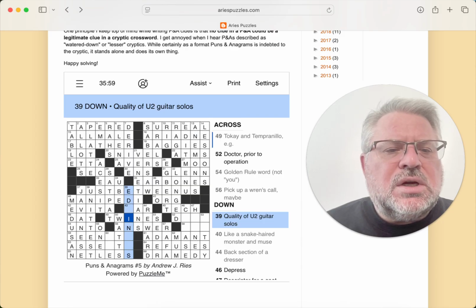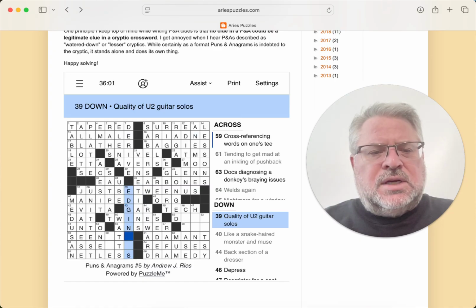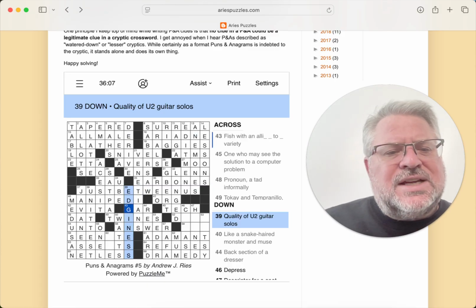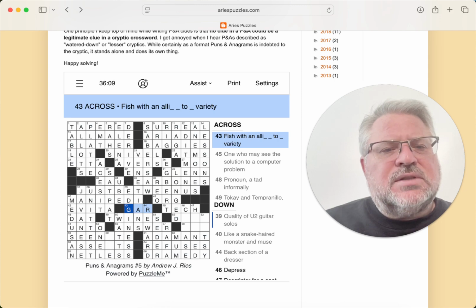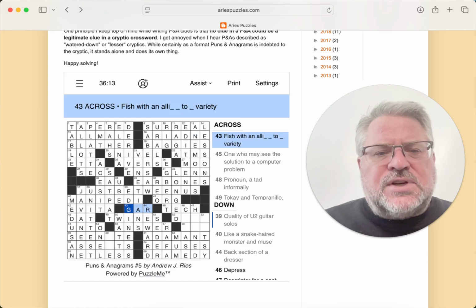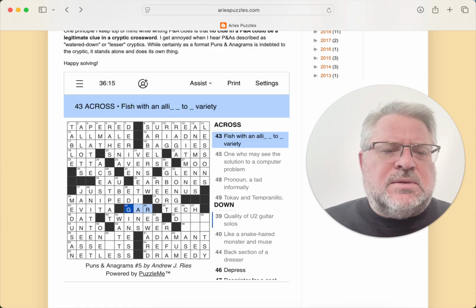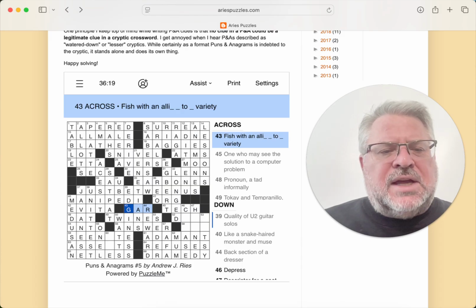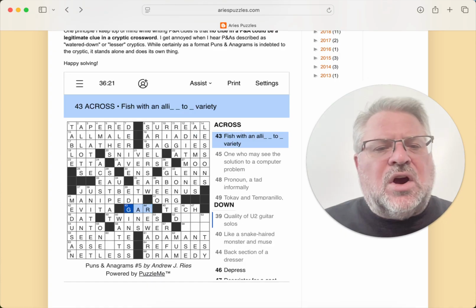Edge was the U2 guitarist, right? So the quality of his guitar solos would have edginess that would be associated with him. Gar is a kind of fish. I guess if we put G-A-R in those blanks, they would spell fish with an alligator variety, and maybe there is an alligator gar that fits there.